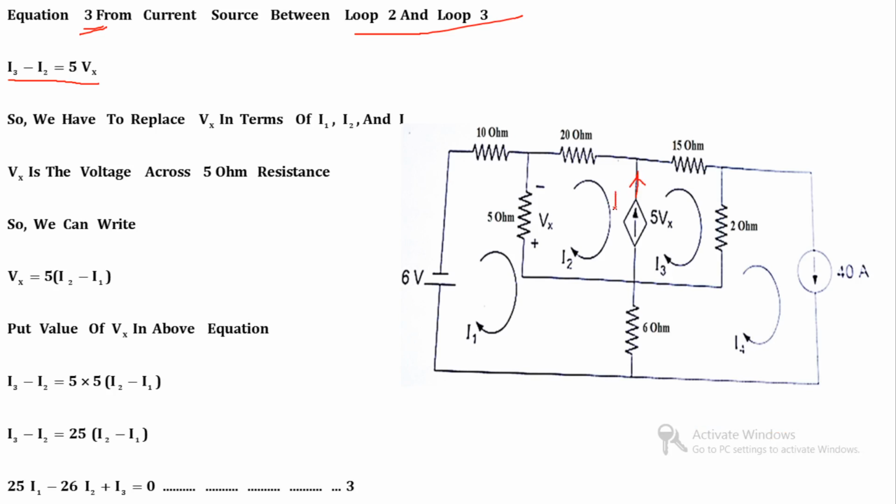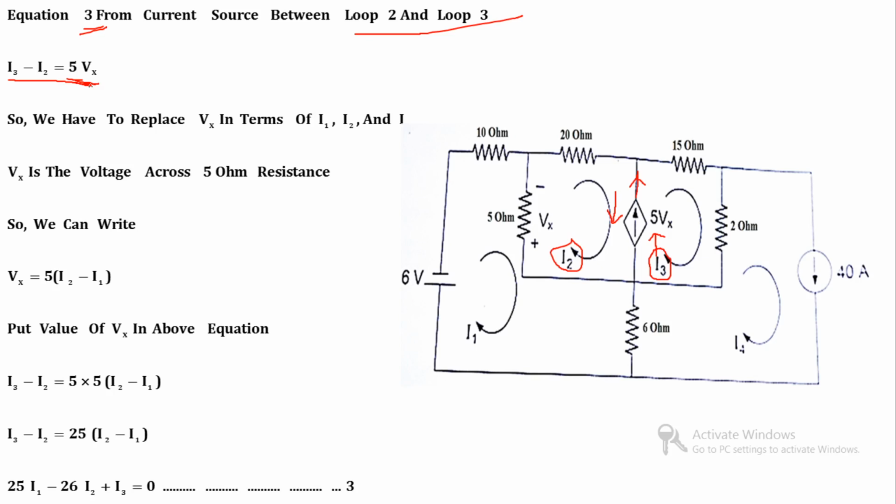I2 is in the opposite direction of this current source, and I3 is in the same direction. So I will take I3 as positive and I2 as negative. So I3 minus I2 is equal to 5 Vx.